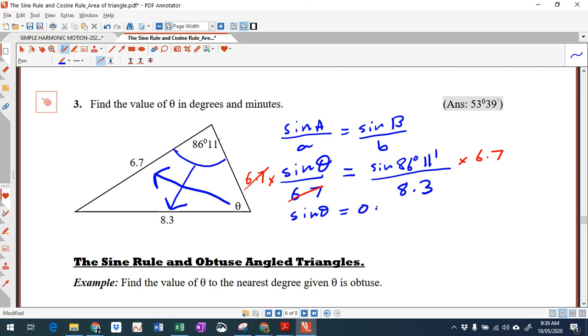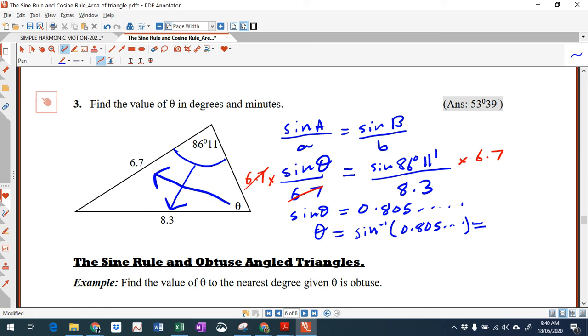Okay, so that gives me 0.805 dot. And then you're going to keep that whole expression in your calculator. Theta will be the inverse sine of all of this, 0.805 dot. So I'm going to go shift, press the inverse sine button, then press the answer key.